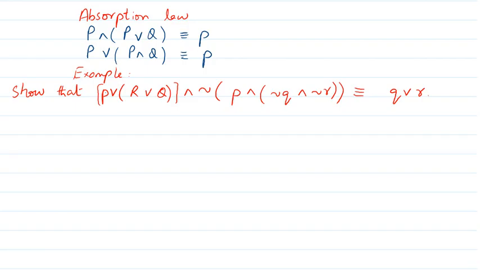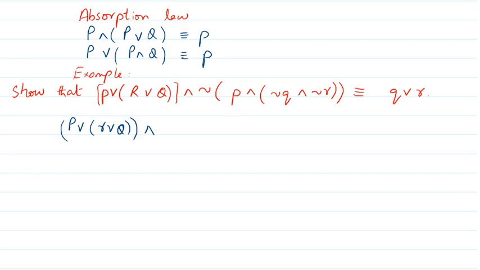Let's try to solve it, making use of all these laws, identities and rules that we have just gone through. Starting with the known big identity that we are given, write it: P or R or Q, ANDed with this whole thing.